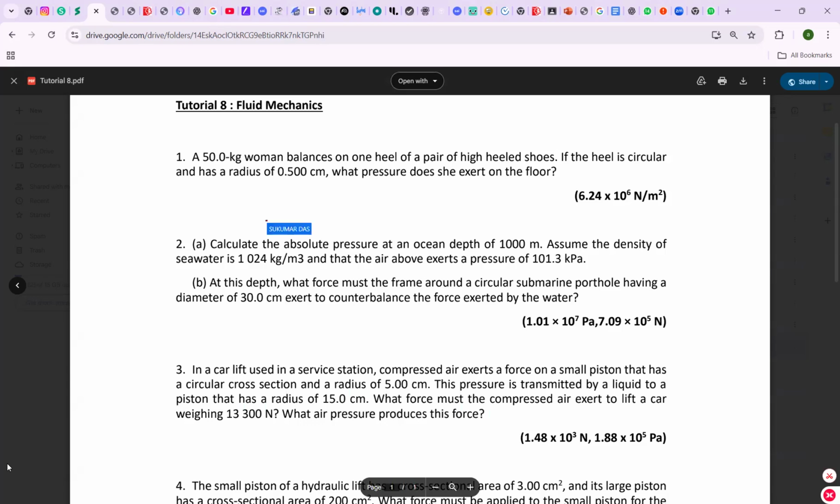So basically rho GH. So we have the density in kilogram per meter cube, so we don't need to convert it. Yes. Always try to draw the diagram. Show it in the diagram what is given.